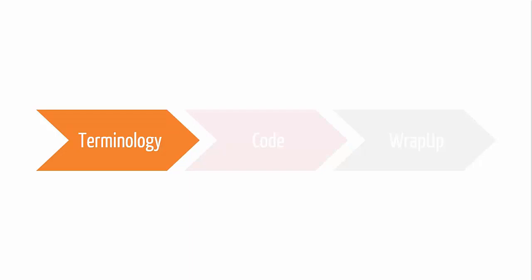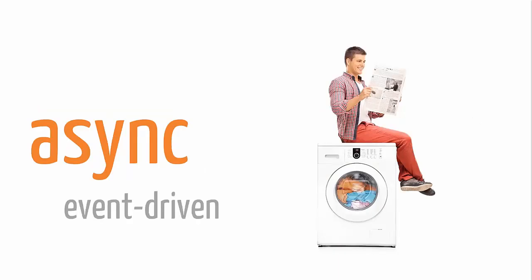So let's first talk about important terminologies around async await. The first one is, of course, async. Async in the real world can be compared to me doing the laundry. I put my dirty clothes into the machine and select the program or timer and let the machine do its work.